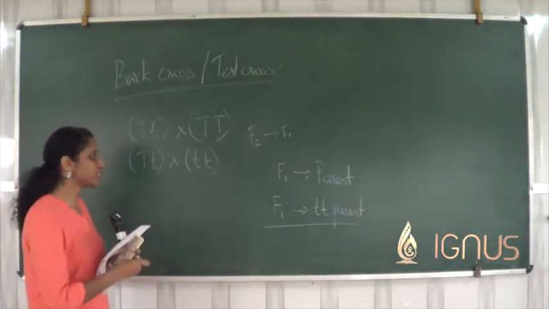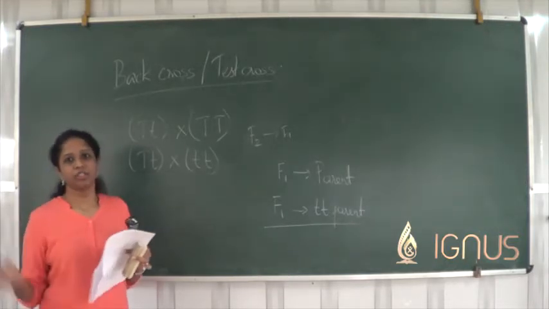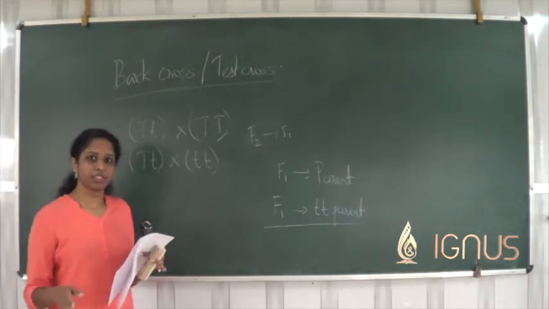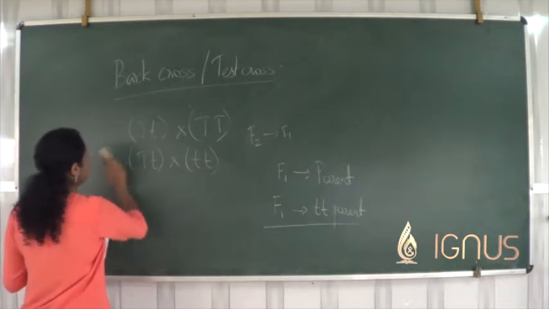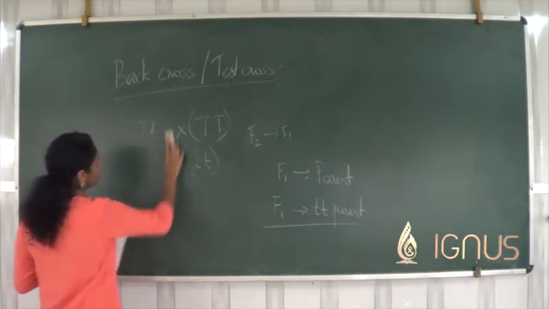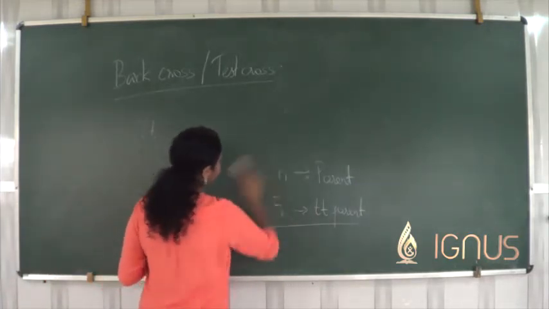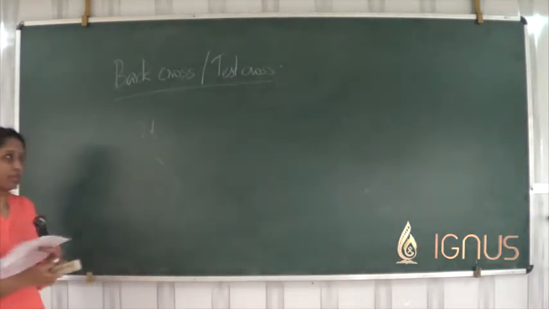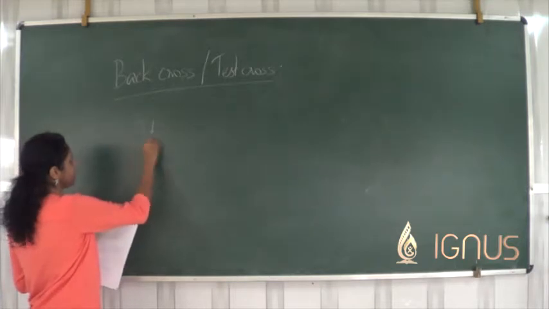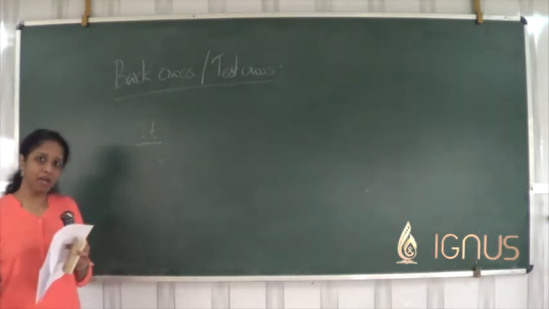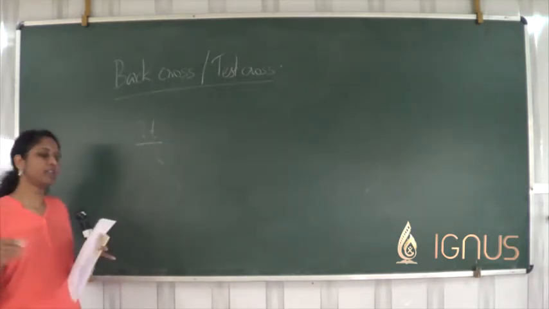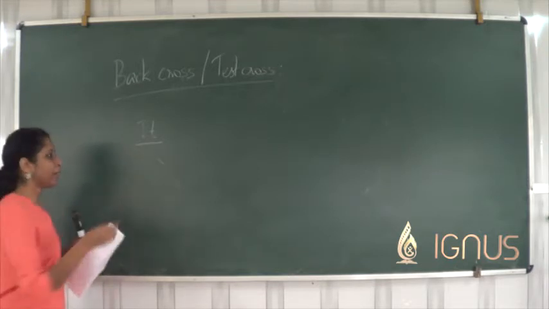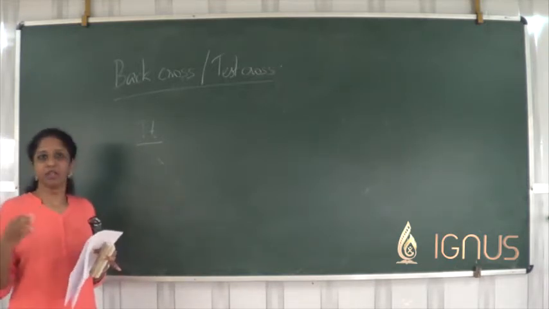Now test cross is done to figure out the genotype of the F1 generation, because the F1 generation, although phenotypically tall, is not genotypically homozygous, correct? So this is a heterozygous tall plant which is typically got in the F1 generation, but phenotypically it looks tall.